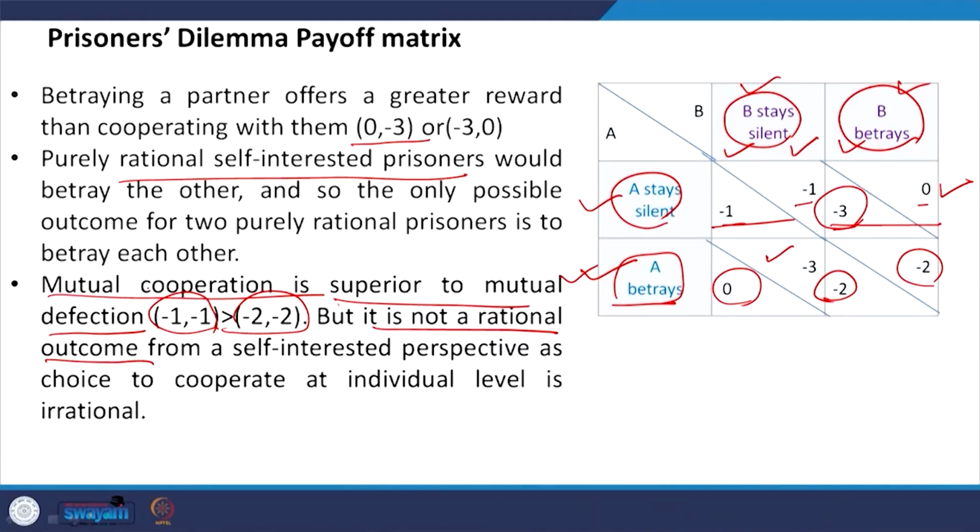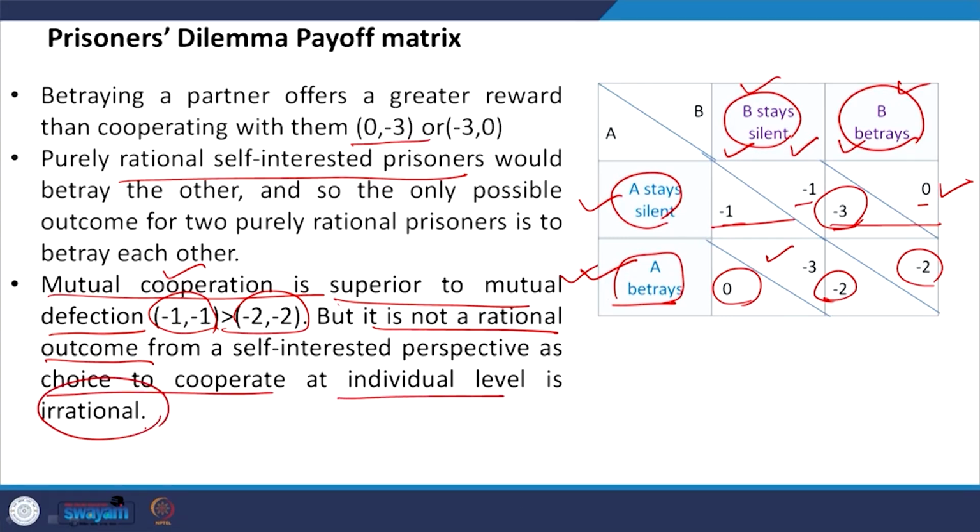So, this situation of mutual cooperation is not a rational outcome for a self-interested prisoner, and both of these prisoners are claimed to be self-interested. The choice to cooperate at the individual level is irrational.